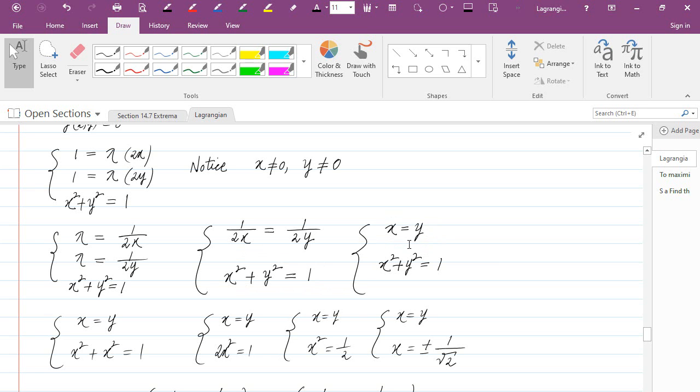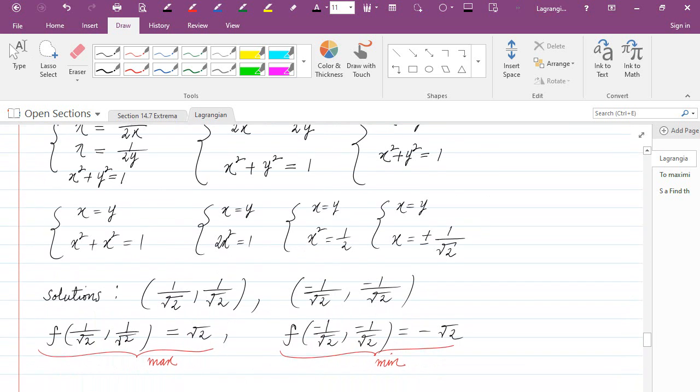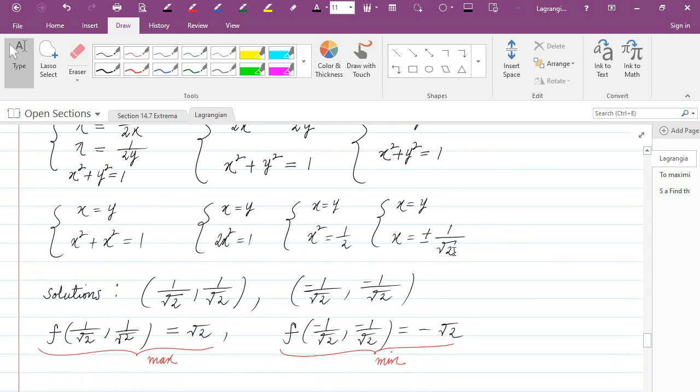So now I can substitute y by x in the constraint equation. If I do that, then I get x squared plus x squared is equal to 1, or 2x squared is 1. And x squared would then be half, and finally x would be plus or minus 1 over root 2.